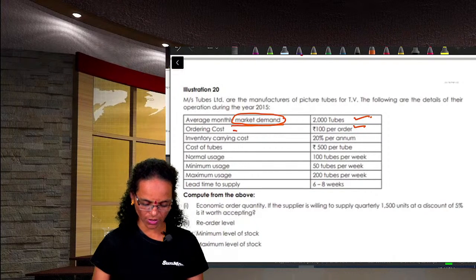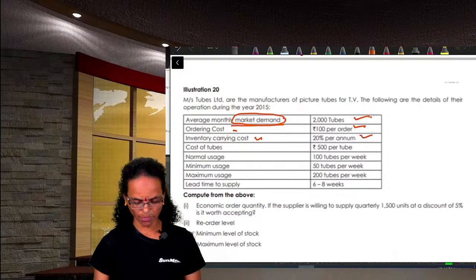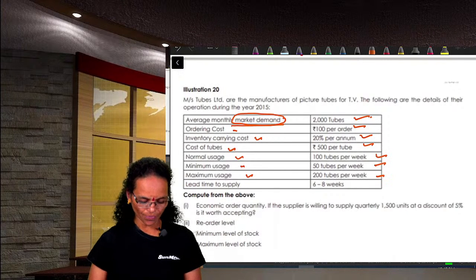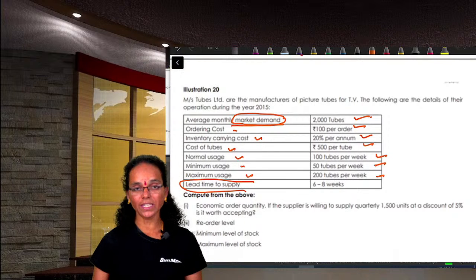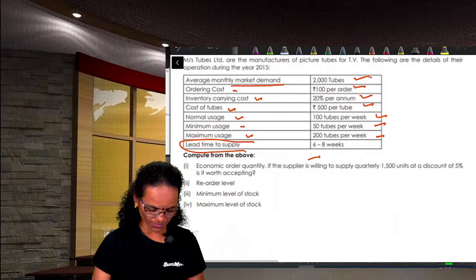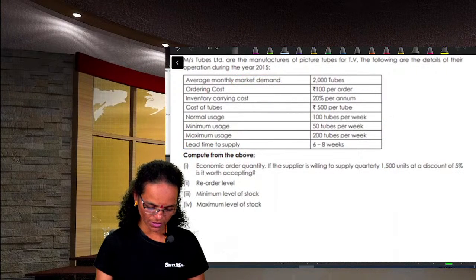Ordering cost 100 per order. Inventory carrying cost 20% per annum. Cost of tubes 500 rupees per tube. Normal usage is this one. Minimum usage is this one. Maximum usage is this one. And lead time to supply is given as 6 to 8 weeks.